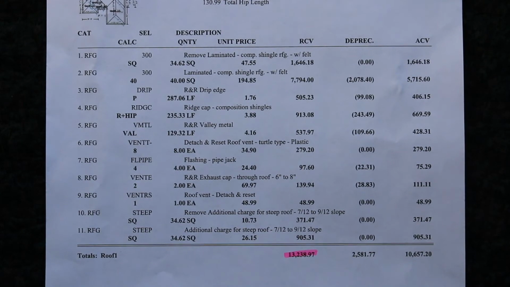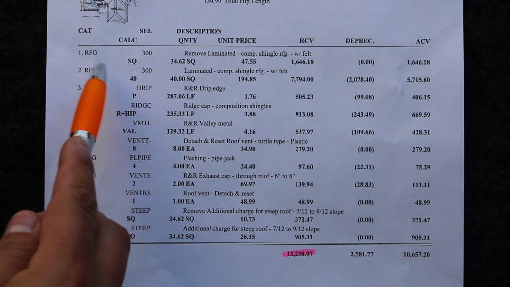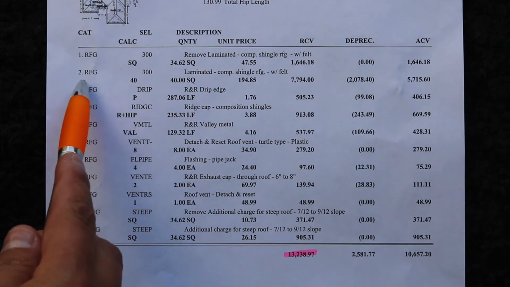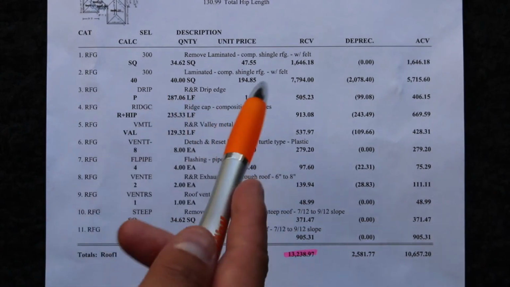This is the page that shows a summary for the roof replacement approved by the insurance company. On there, you can see various line items, 1 through 11. Each of those goes into detail on what your roof has. Line item 1 is removal of the shingles. On 2, you'll see the type of shingle, the laminated composite shingle with the felt.